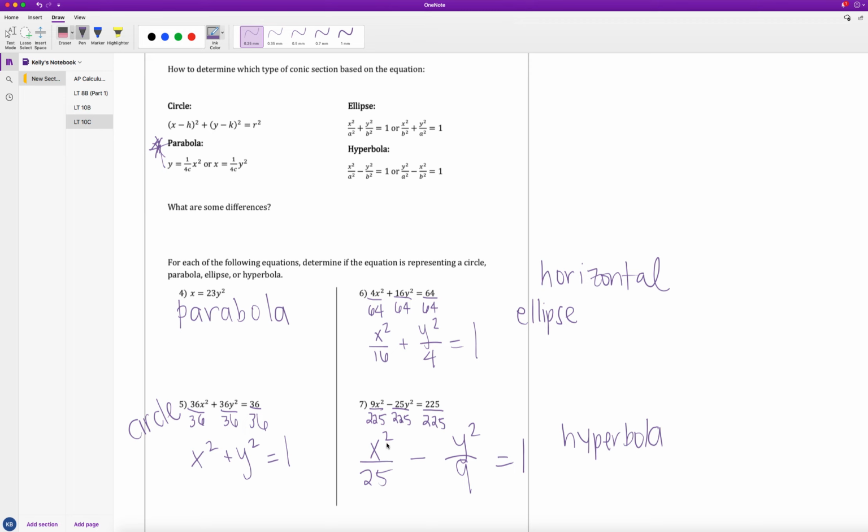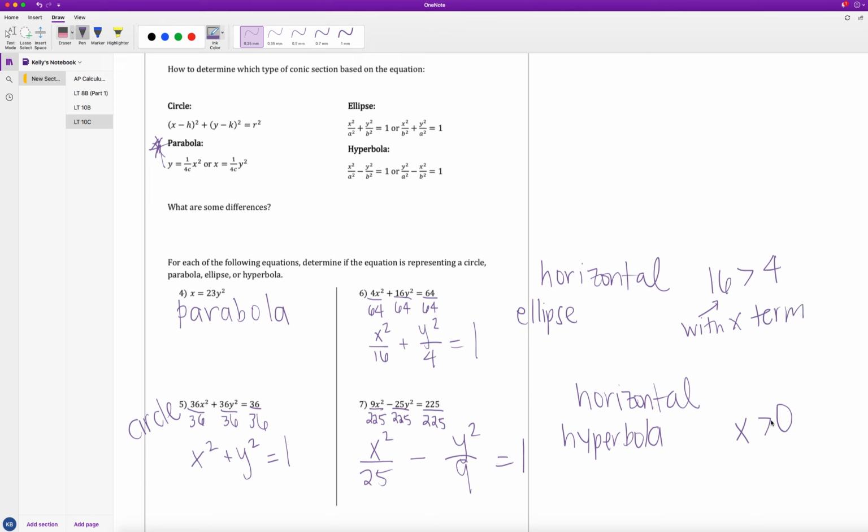Since it's x squared minus y squared, this is also going to be a horizontal graph because the x squared is positive. So I have a horizontal hyperbola because the x is the term that's positive. I have a horizontal ellipse because the 16 is bigger than the 4 and the 16 is with our x term.